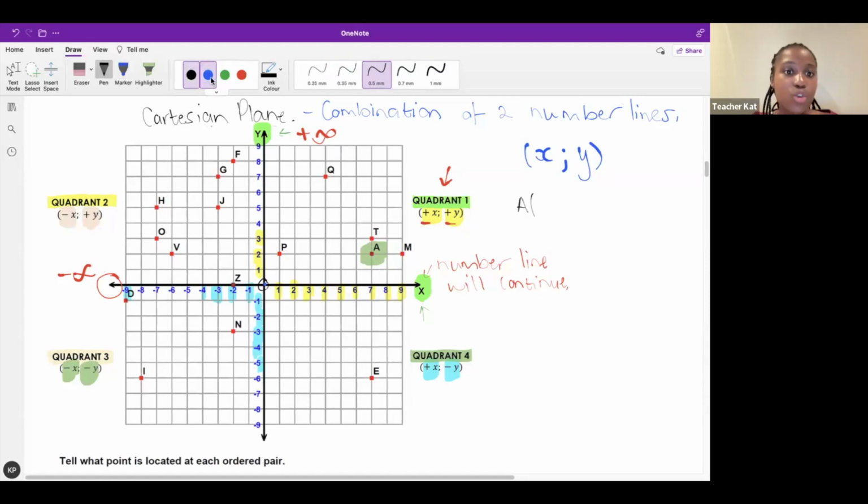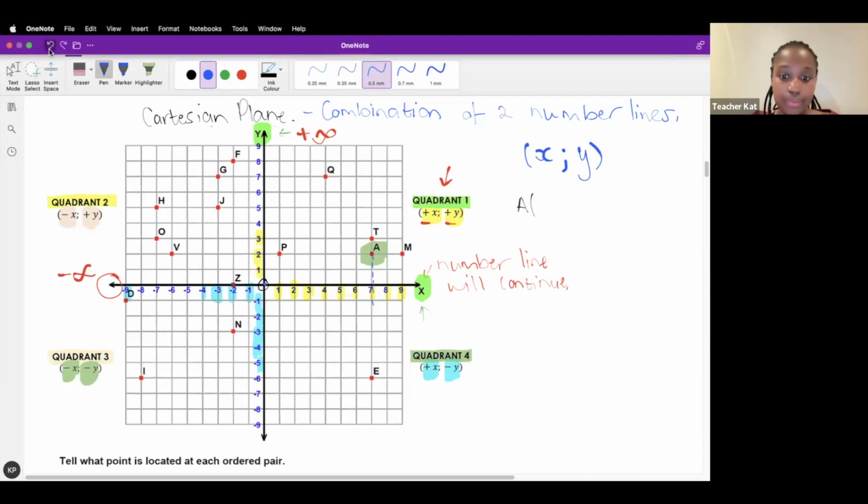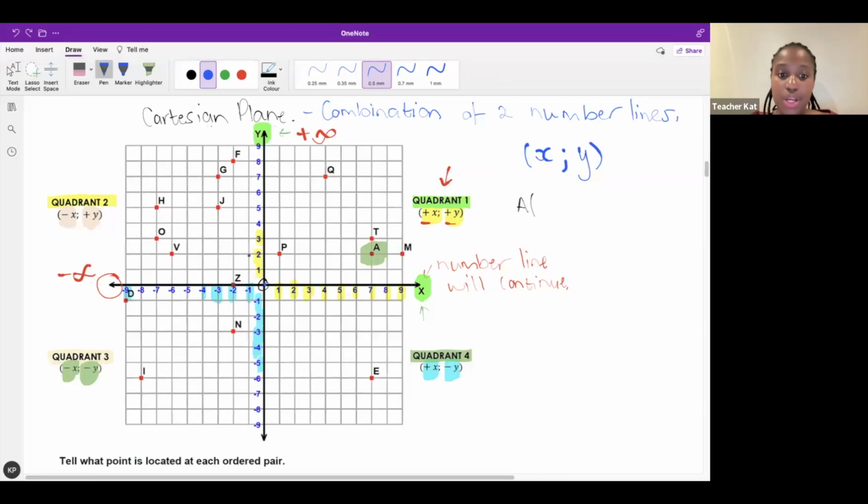You can either draw a line going down until it touches your x-axis, or you can just count how far away from the 0 it is. So we're starting from here and it is 1, 2, 3, 4, 5, 6, 7. So what is my x coordinate for A?